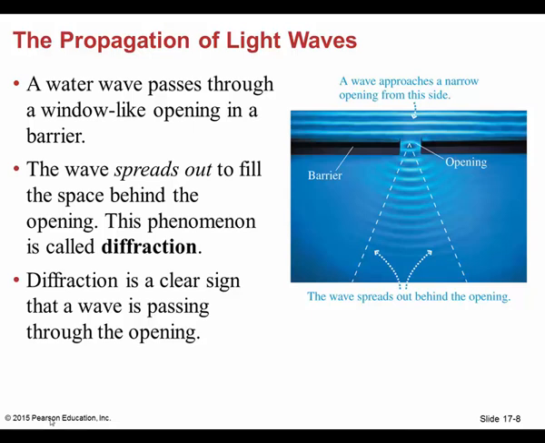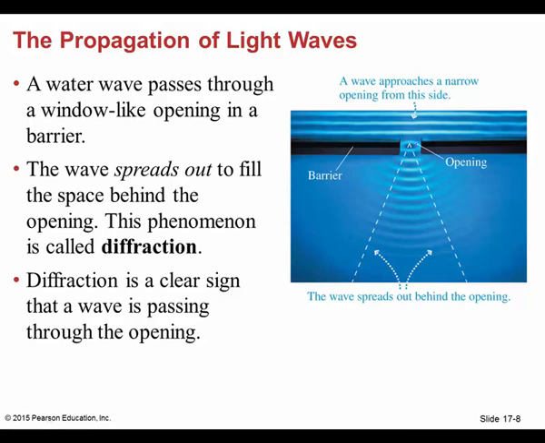Now, here we see an example where we've got two barriers with an opening in between them. And notice they're using water. Water is a good way to study the behavior of light because, again, what I said earlier, the properties of a mechanical wave are very, very similar to the properties of an electromagnetic wave, which light is.